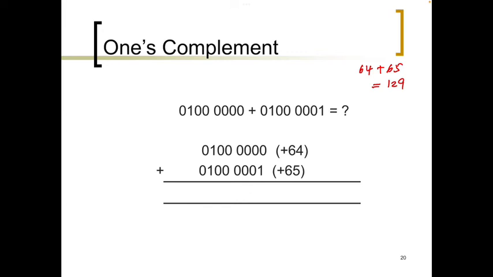In binary we have 64, so this is 0 1 0 0 0 0 0 0, and for 65, 0 1 0 0 0 0 0 1. So we do the addition operation, and we have 1 0 0 0 0 0 0 1.